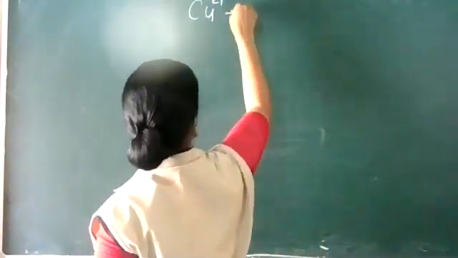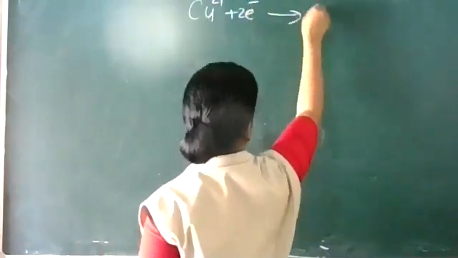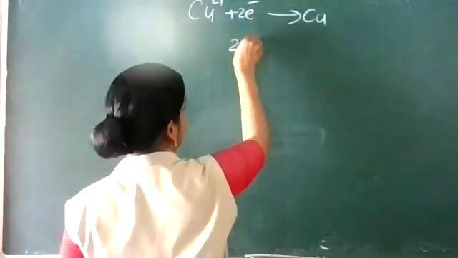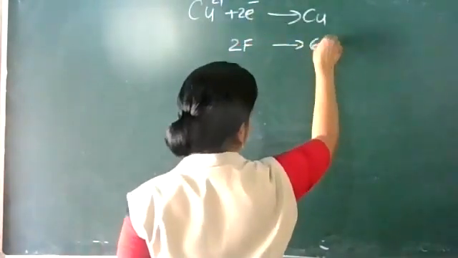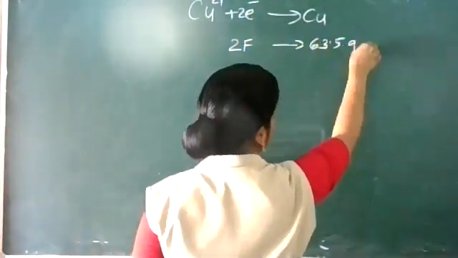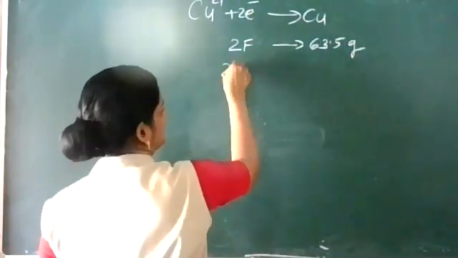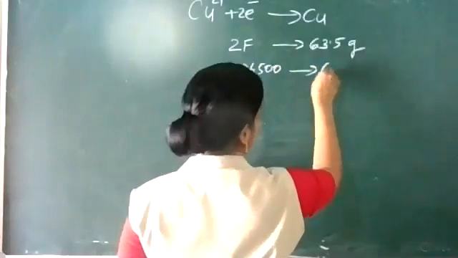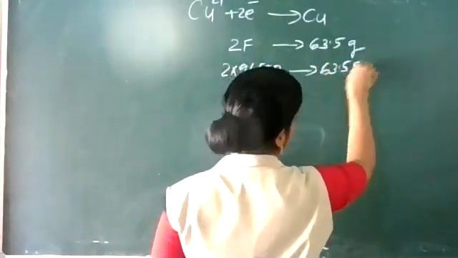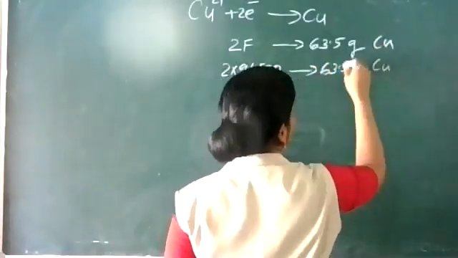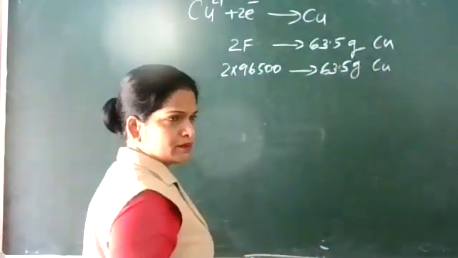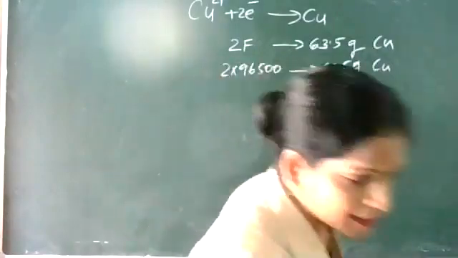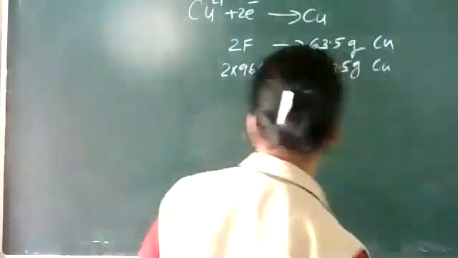Cu2+ plus 2 electrons gives Cu. First you write this equation, right? 2 faraday gives 63.5 grams of copper, that is 2 into 96,500 coulombs will deposit 63.5 grams of copper. How much current did we say? 1.5 ampere in 10 minutes.